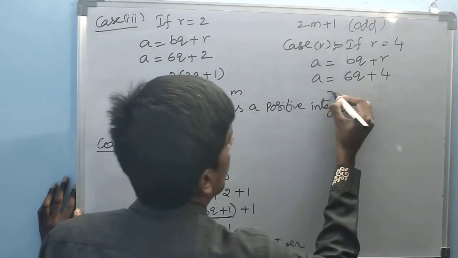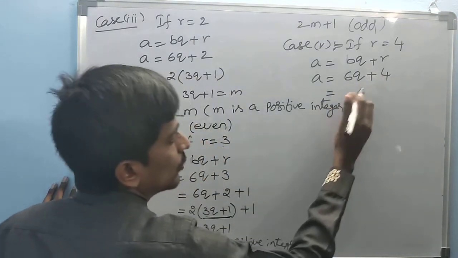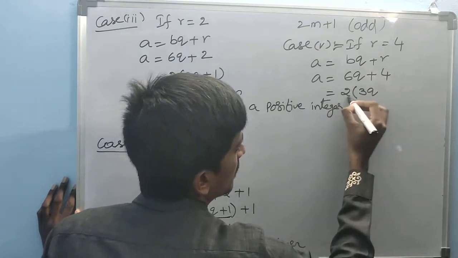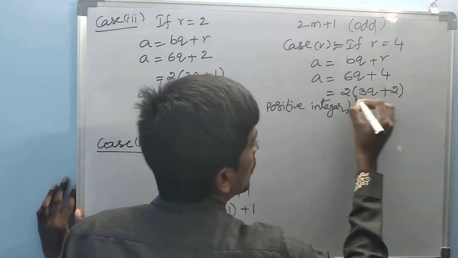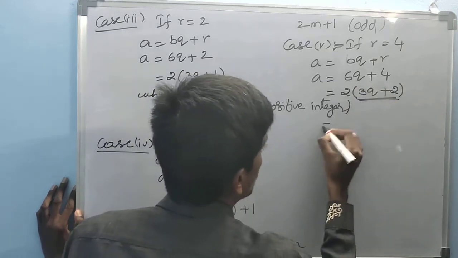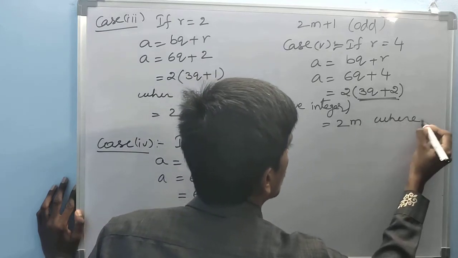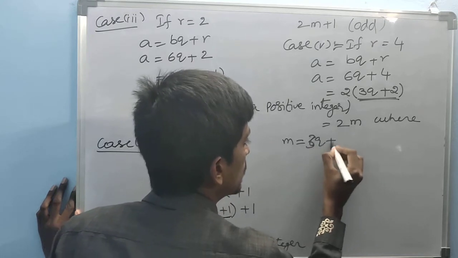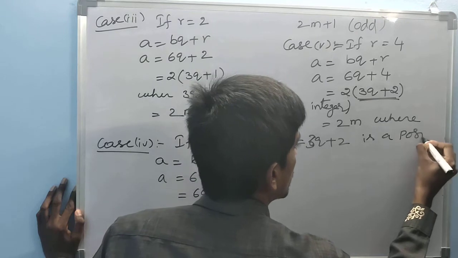Here take the common 2 from both: 2 into 3q plus 2, since 2 threes are 6 and 2 twos are 4. So 2 into something is 2m, where m equals 3q plus 2 is a positive integer.